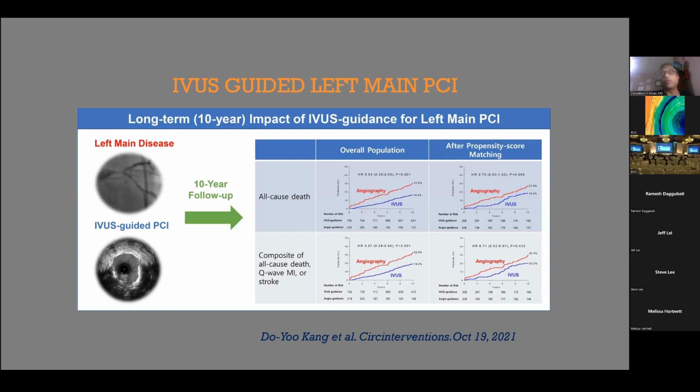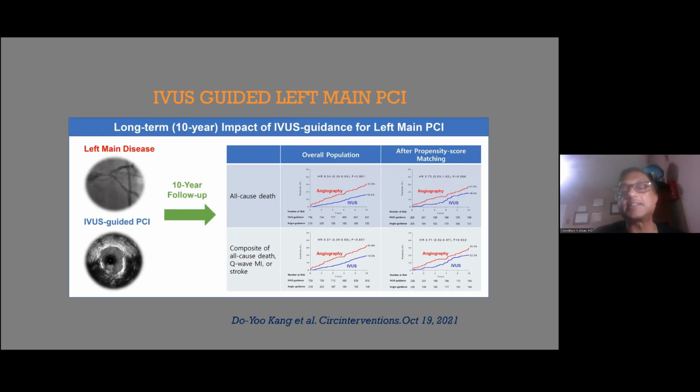And it is no surprise that in case of left main, the IVUS guided PCI, the difference with angiographic guidance, IVUS has clearly the benefit, not only for the intermediate term, but also for the long term.